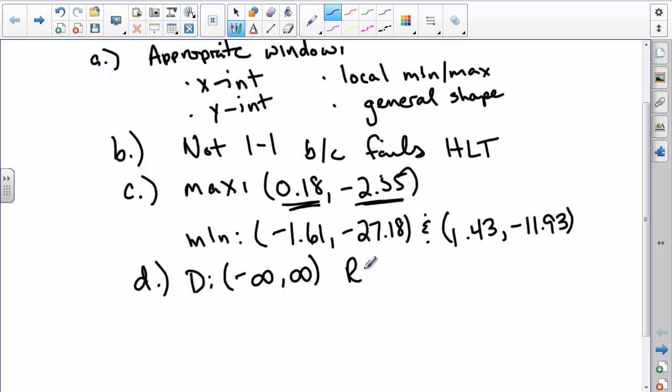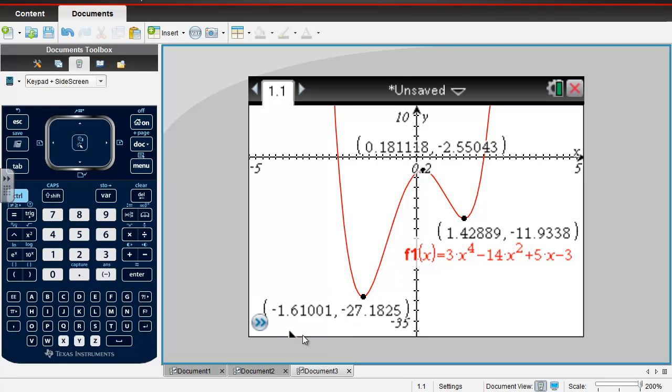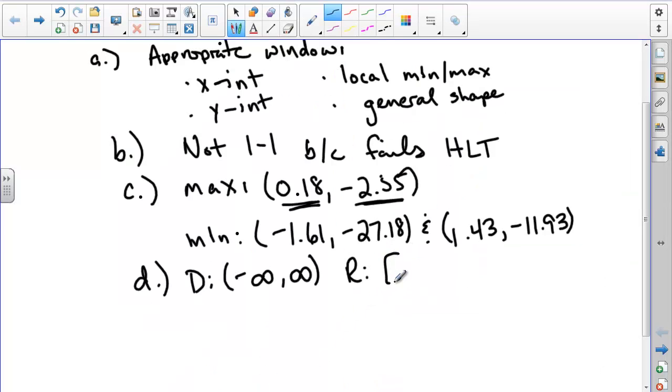The range, I'm going to look at the graph and I'm going to say, well, what's my lowest y value? And you can tell there's no y values down here, but this is my lowest y value, this minimum point, which is negative 27.18. So I'm going to say, yep, that's included. So negative 27.18. And then I need to know, when does it stop going up?